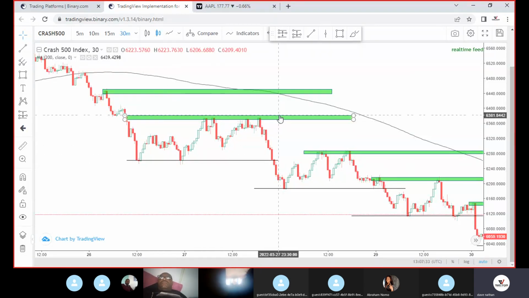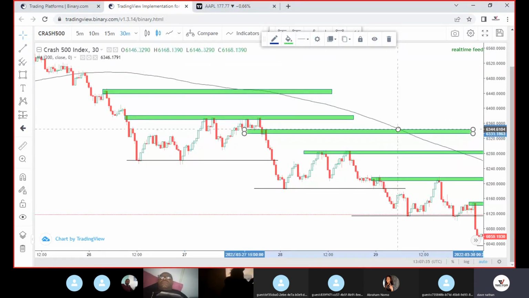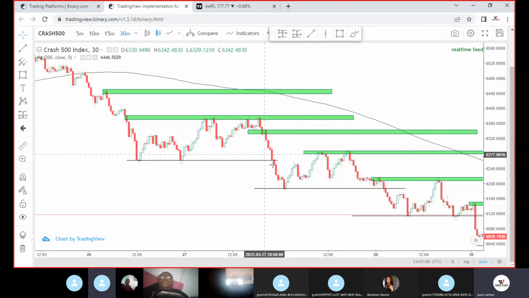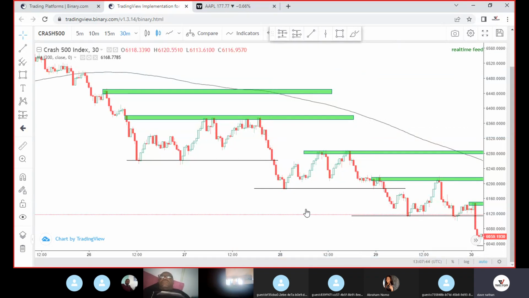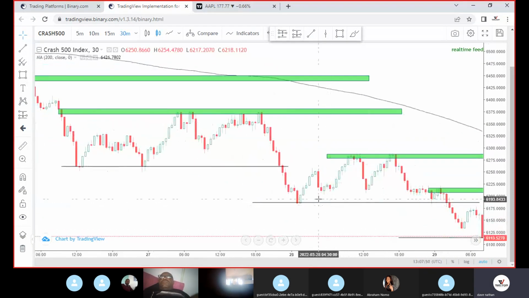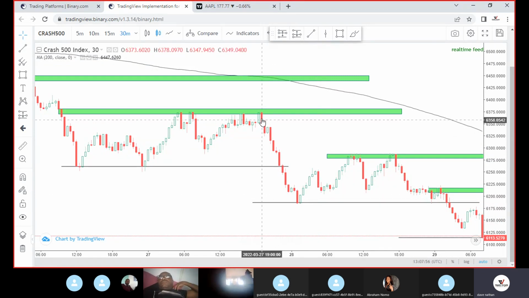So the other block we are going to mark is this one. Let me zoom in closely. Remember, I said we are marking the last bullish candle before the break of the structure. This was the last bullish candle that led to the break of the structure.